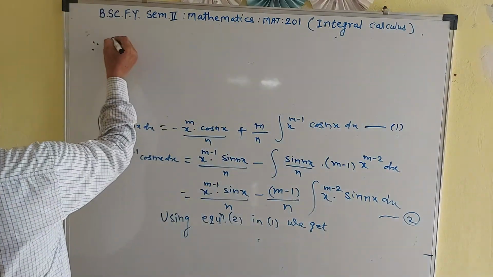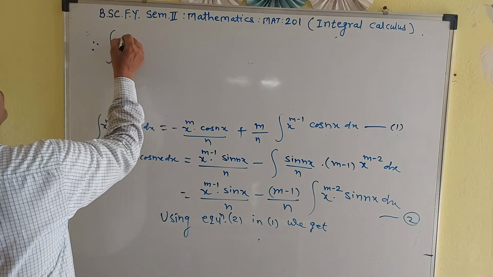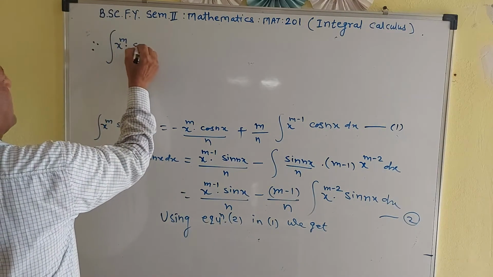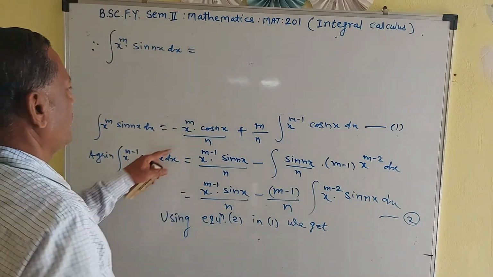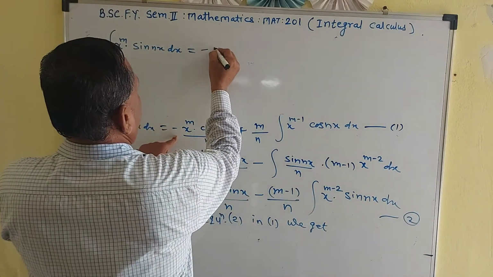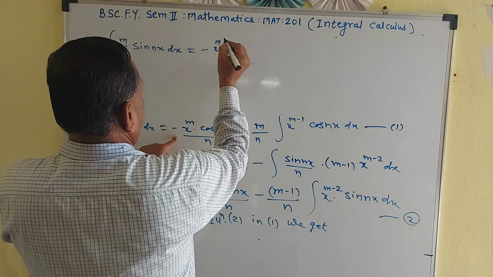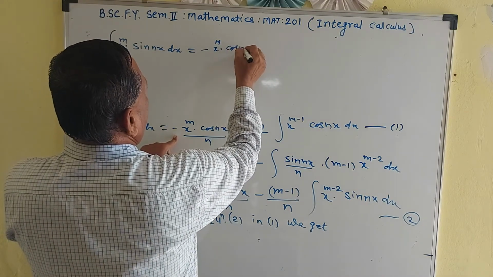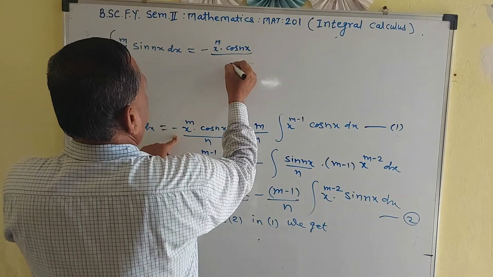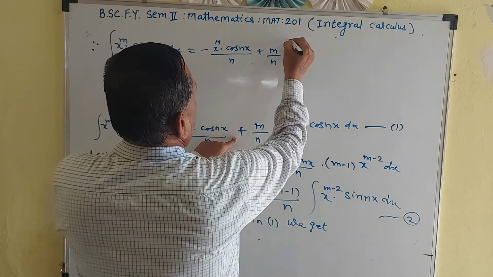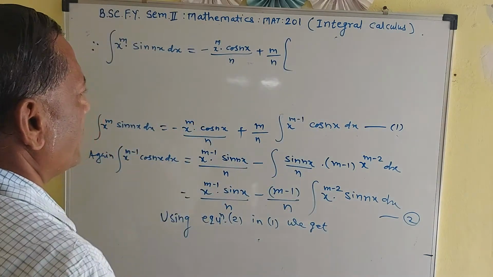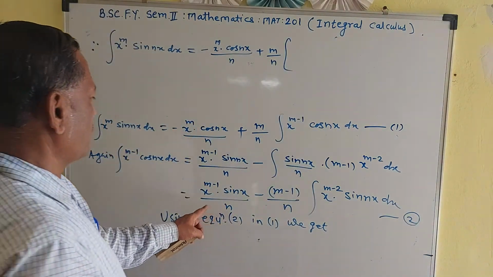Left side of 1 is integration of x raised to m into sin nx dx is equal to minus x raised to m into cos nx upon n plus m upon n and the value of x raised to m minus 1 cos nx dx from 2.